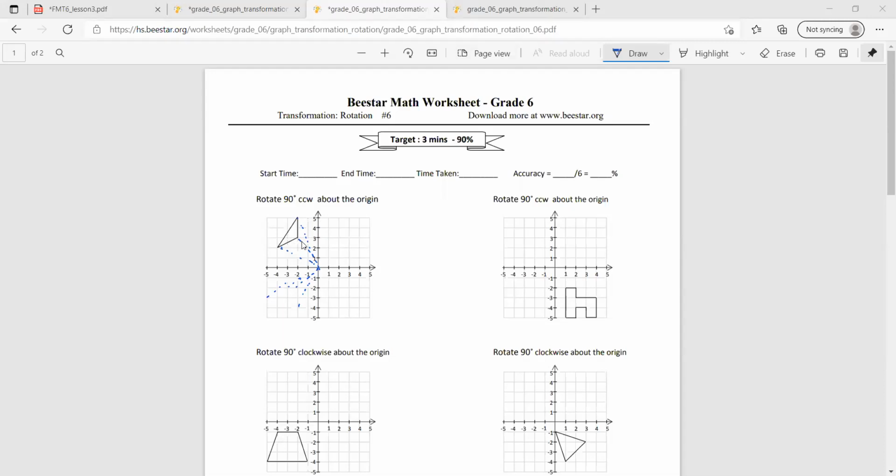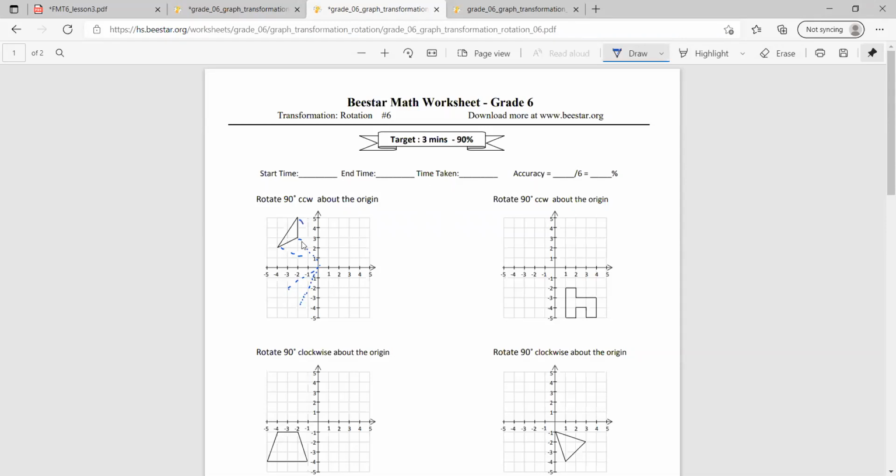So for this first one, I'm gonna just draw a line for all of these points. So this one, wait, I'm just gonna erase these. Okay. So this one can come over here and then come here. And then this one can go from here to over here.